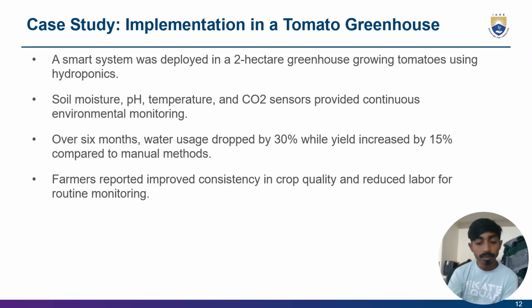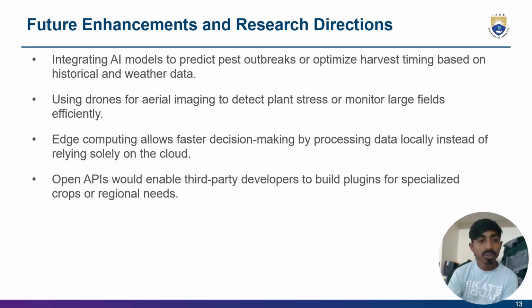Future enhancements and research directions. Integrating AI models to predict pest outbreaks or optimize harvest timing based on historical and weather data. Using drones for aerial imaging to detect plant stress or monitor large fields efficiently.